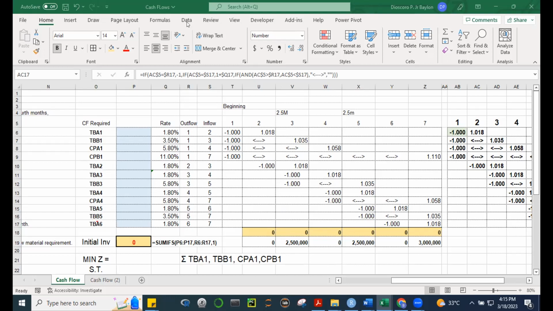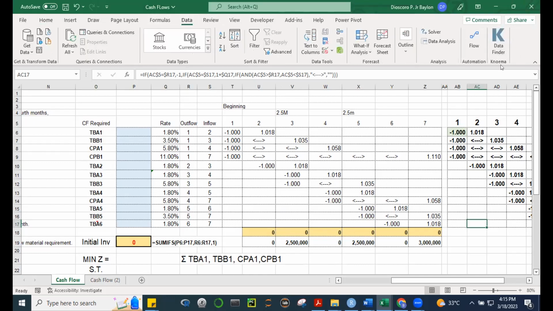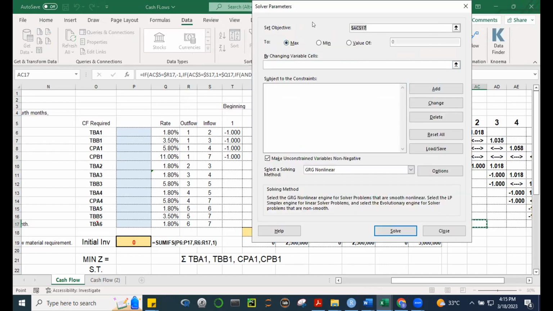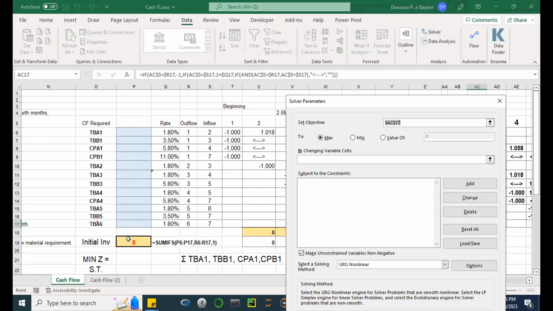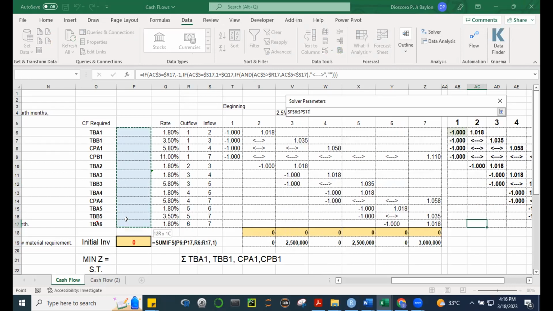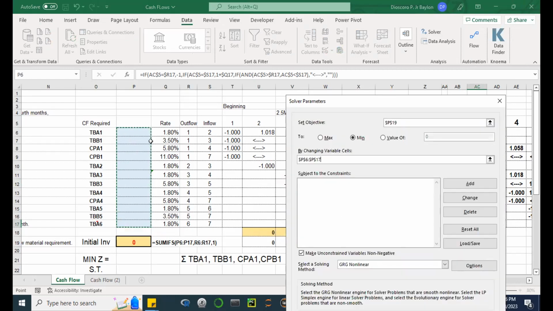So we have data, then Solver. Okay, what's our objective? Our objective is our initial investment, right? We want this to be minimized. And then our changing cells are this one: how much to be invested in each of these?